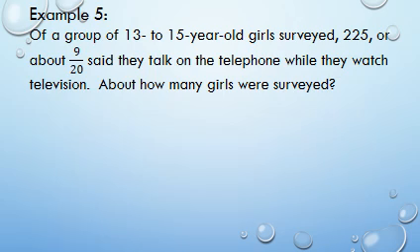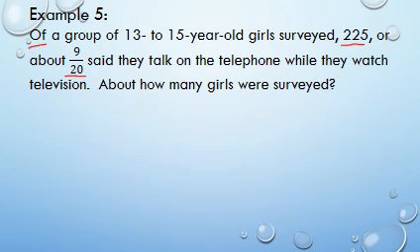So, like we do in class, we need to figure out what is important here. So we see that we've got 225 or 9/20ths say that they talk on the phone while watching television. And what we want to know is how many were surveyed. Well, right here, this is also a keyword, of.